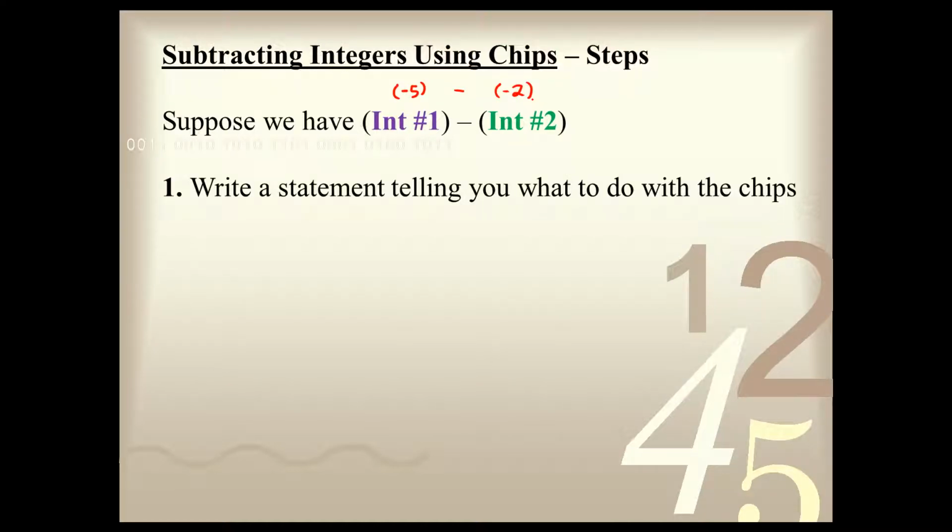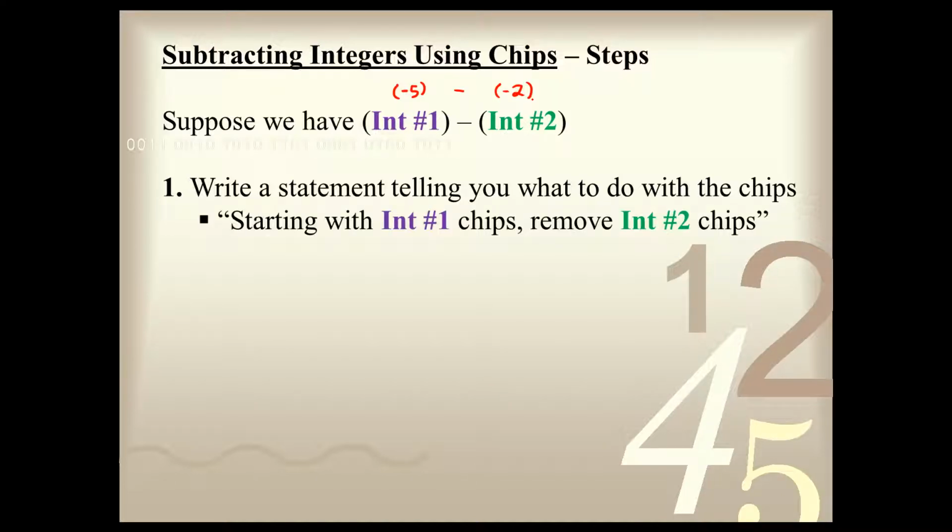So the steps. Step 1 would be write a statement telling you what to do with the chips. And the statement always goes into this exact format. Starting with integer number 1 chips. So you'd look at integer 1, and if it's a positive integer, that's going to be red chips. If it's a negative integer, blue chips.